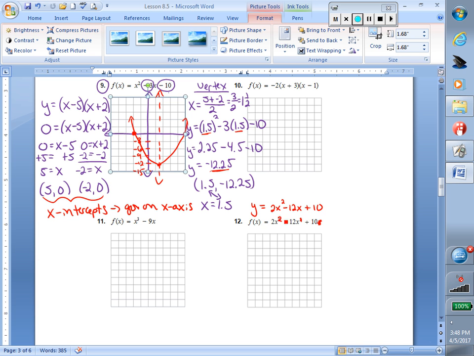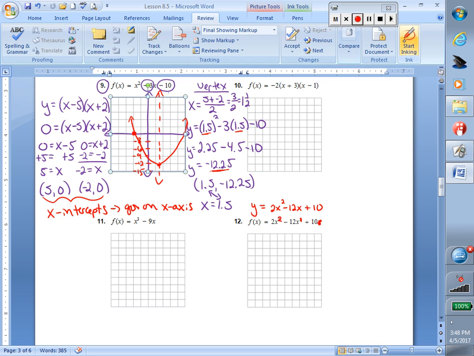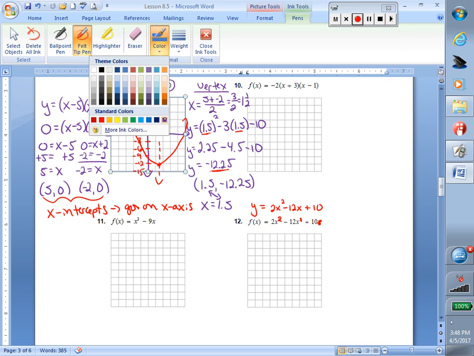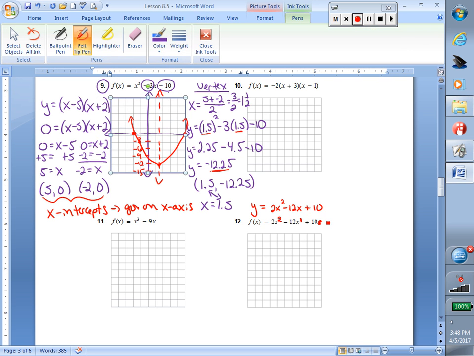We have standard form. I want to get it to intercept form. In order to do that, we want to factor. The first thing you want to do, though, is look for a greatest common factor. Or in other words, is there a number that I can divide all these other numbers by?